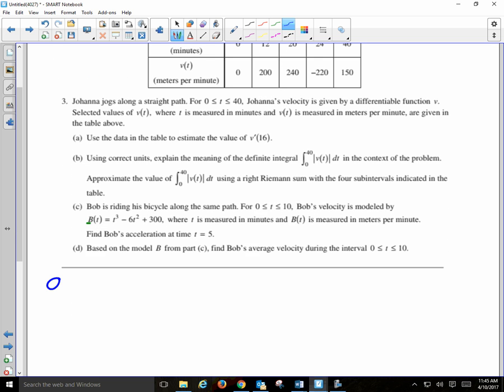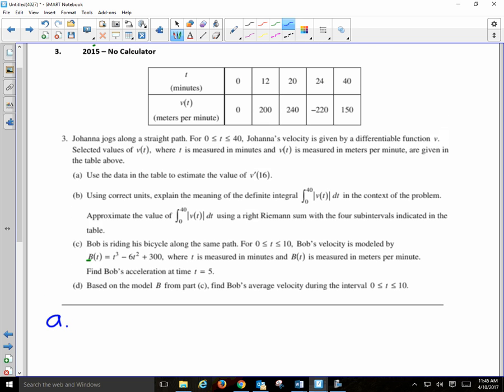We got problem A, and problem A says use the data in the table to estimate V prime of 16. I've got V. I want to find V prime of 16. I want to approximate it.